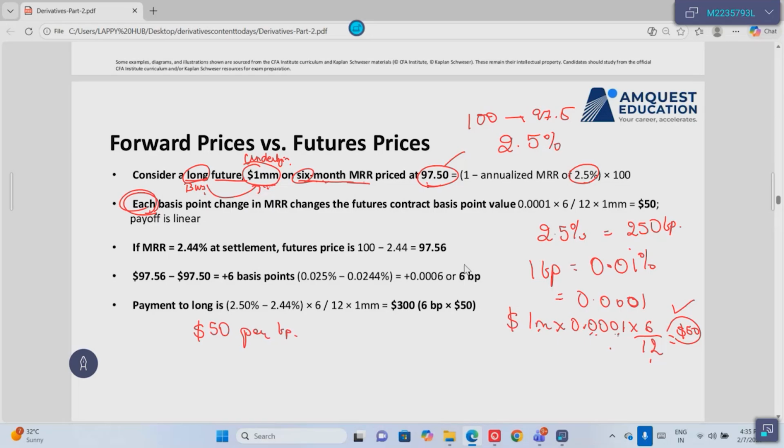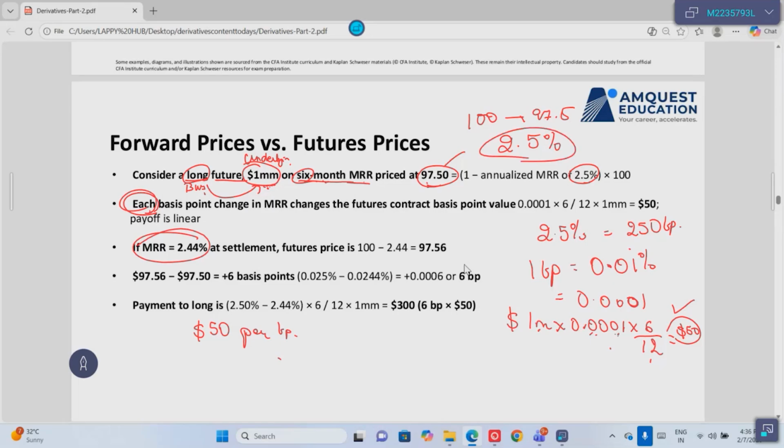You found out that important learning. Based on this, it's easy to now understand how much I should settle at. Now they're telling you MRR is 2.44%. What did you agree at? 2.5%.